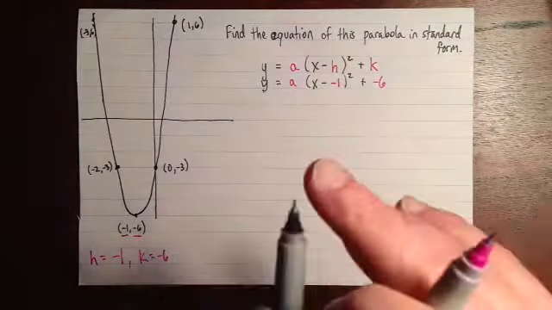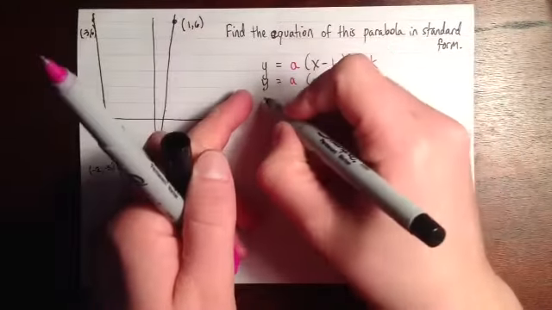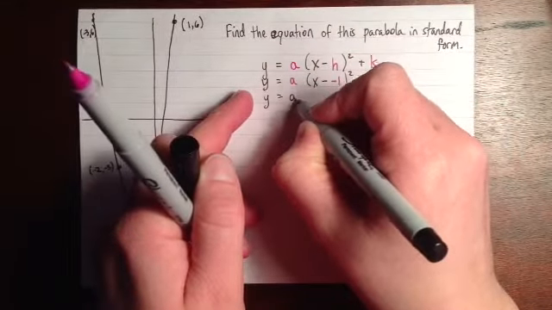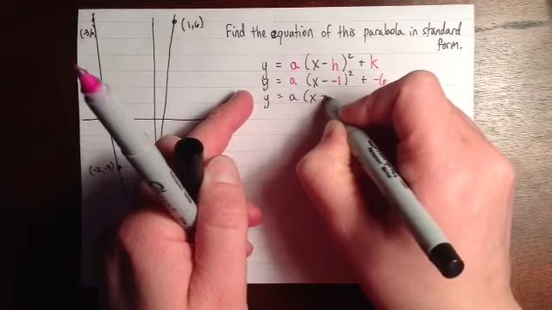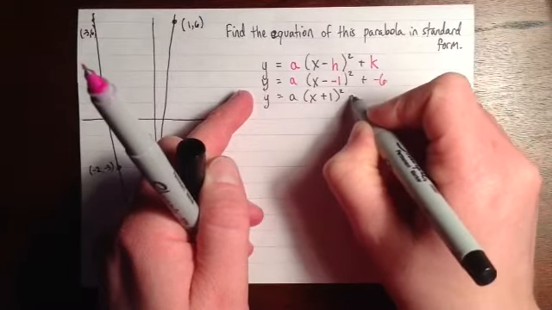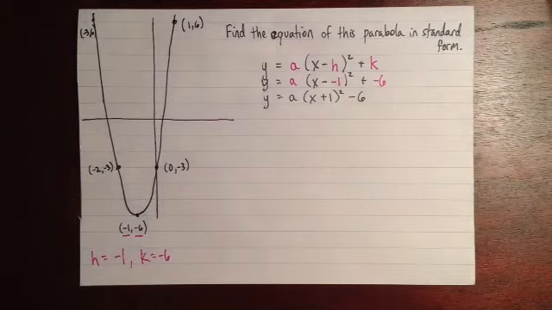You should be pretty comfortable with this already, and then we'll simplify. So y equals a times x plus 1 squared minus 6. Nothing there is new.